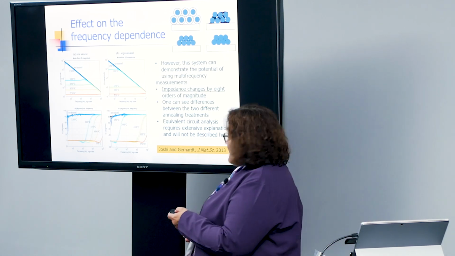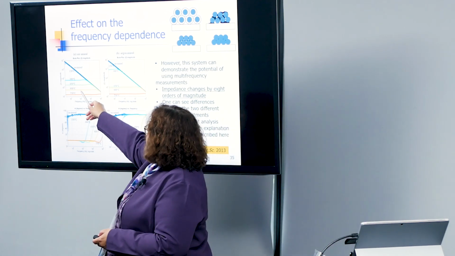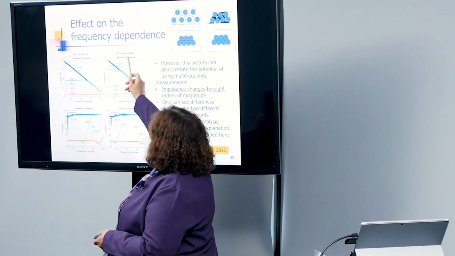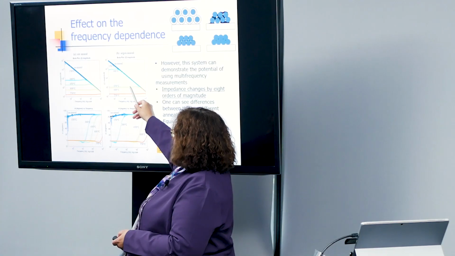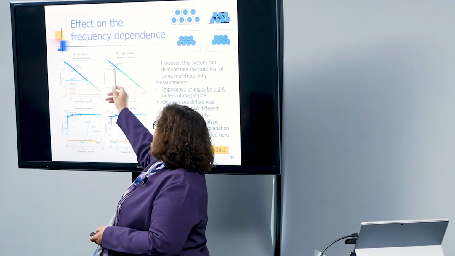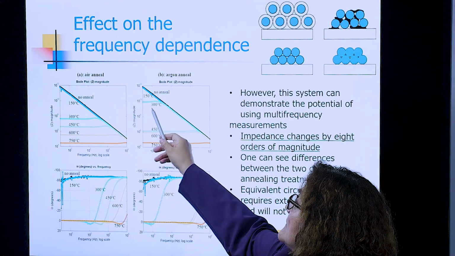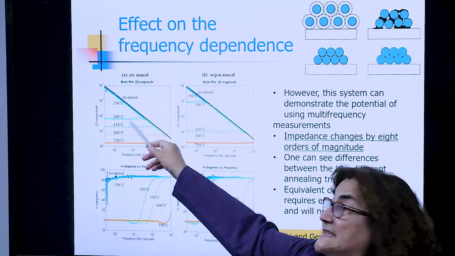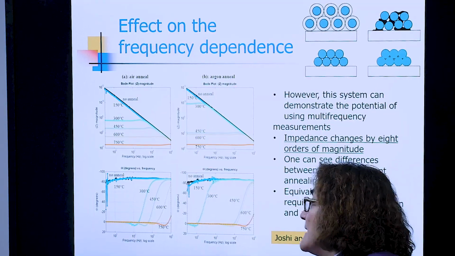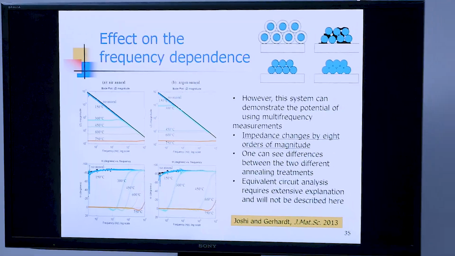And so here is the magnitude of the impedance for the samples that were air annealed, and then for those that were argon annealed. And they look similar, but they're not identical. In the argon annealed, the change is not as quick as it is in air, and there are reasons for that. And here are the accompanying phase angle graphs.